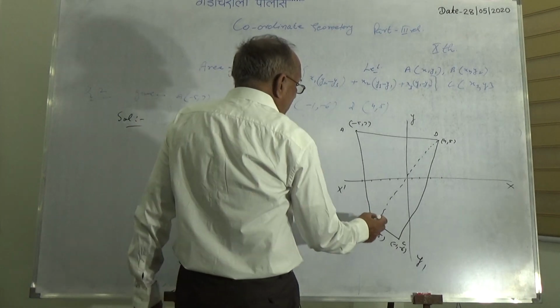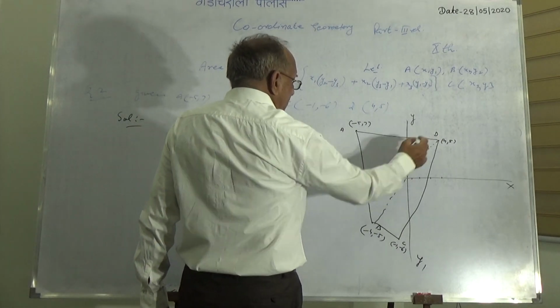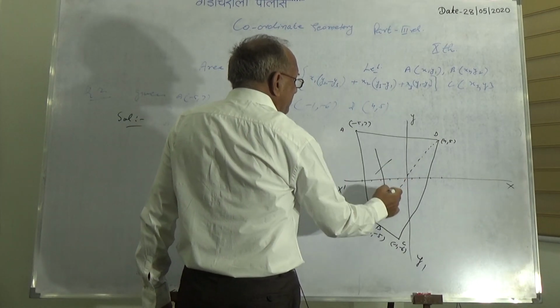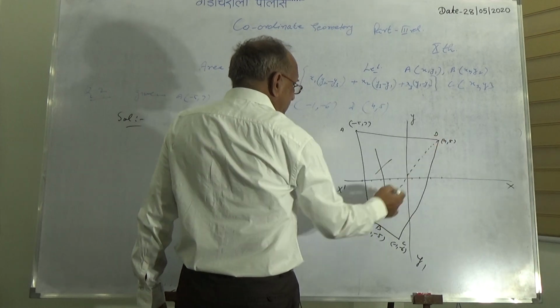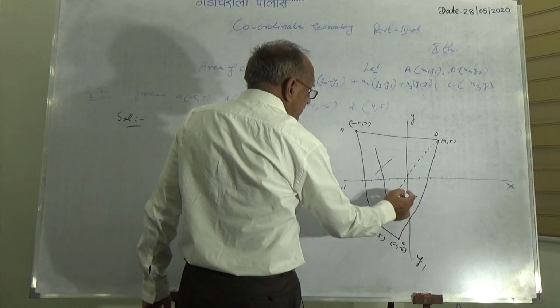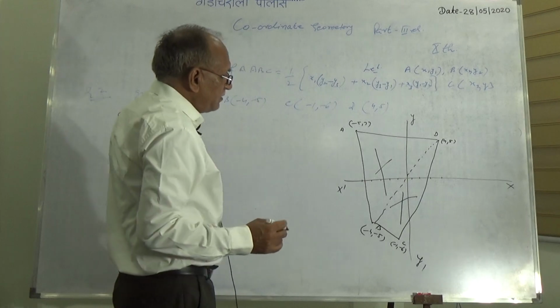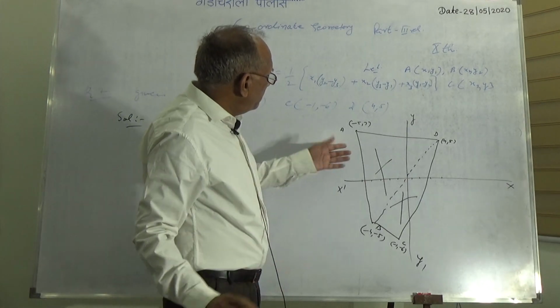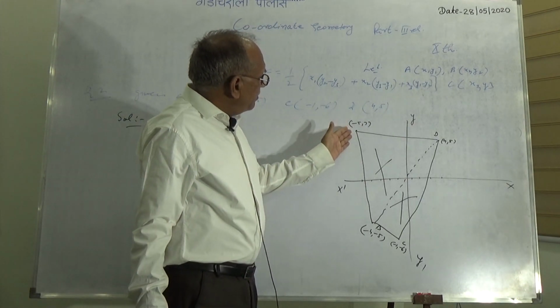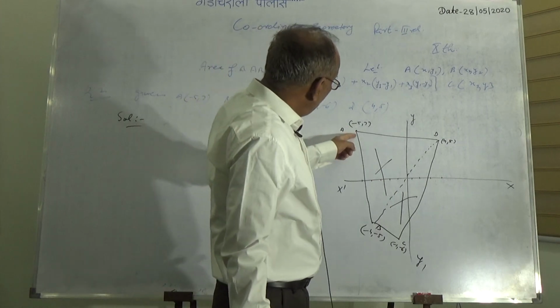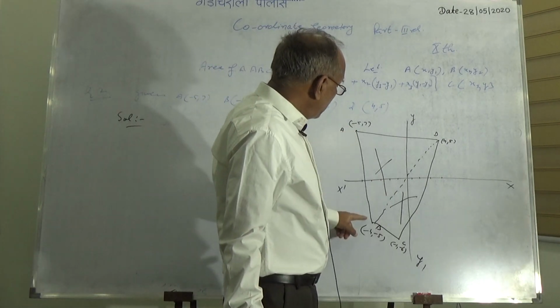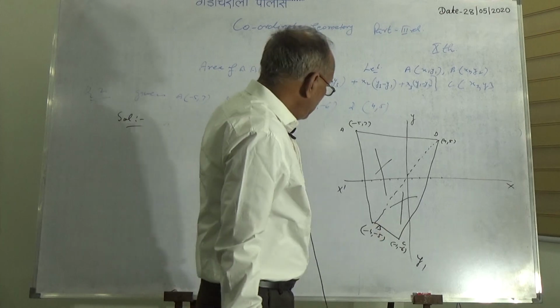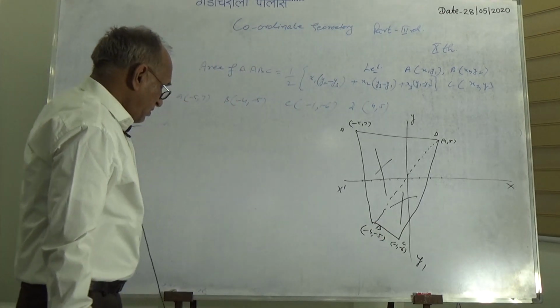We have to find the area of triangle ABD and the area of triangle DBC, add them, and we find the area of the whole quadrilateral ABCD.